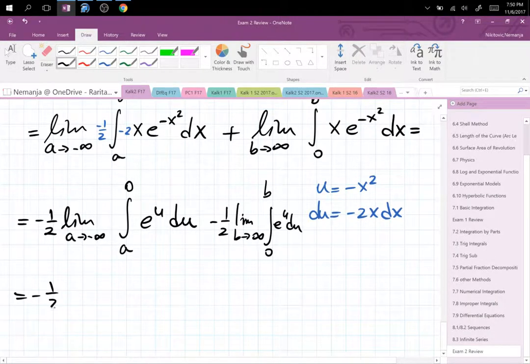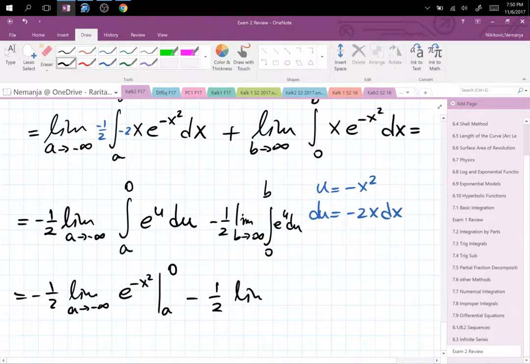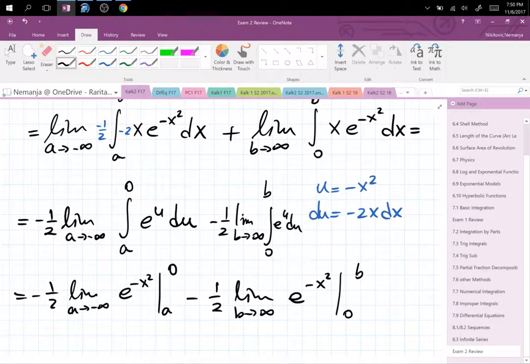Now this is negative 1/2 limit a goes to negative infinity, and the integral is e to the u, so e to the negative x squared computed from a to 0, minus 1/2 limit b goes to positive infinity of e to the negative x squared from 0 to b. Aren't you supposed to subtract the other? No, that's by parts.